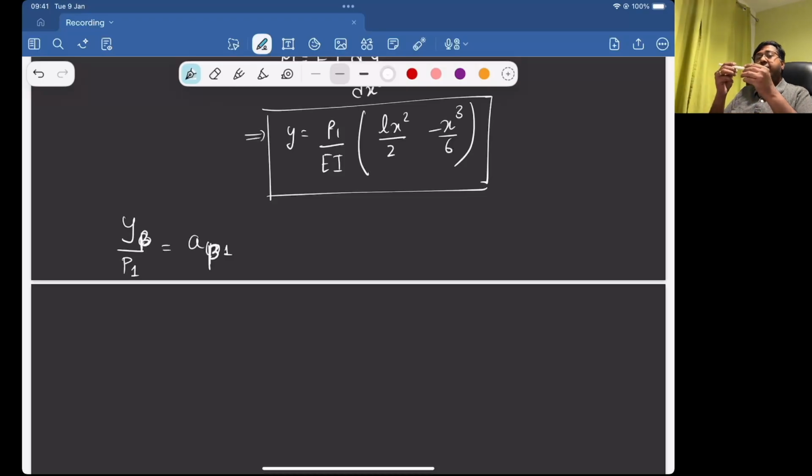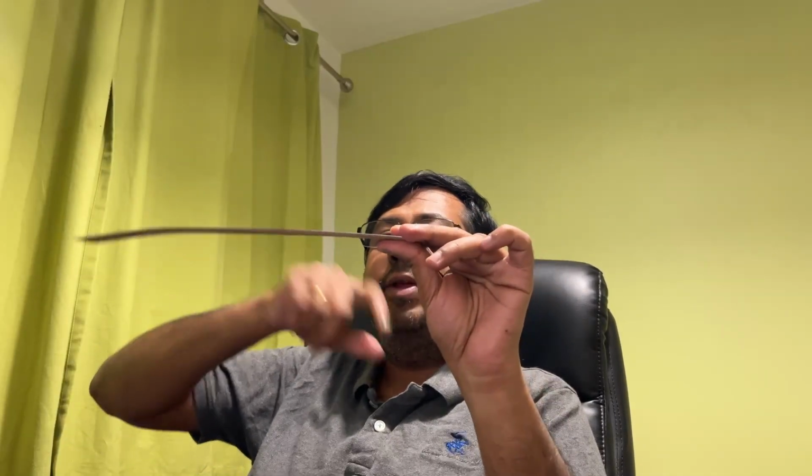That means if I have this cantilever beam fixed, and I apply a load at point P1, I calculate the deflection at point P1, point P2 and point P3.